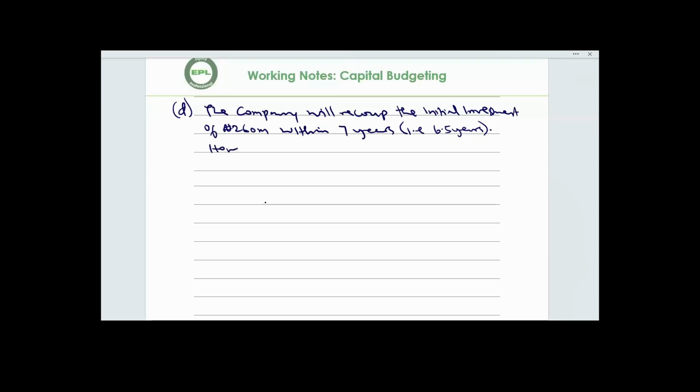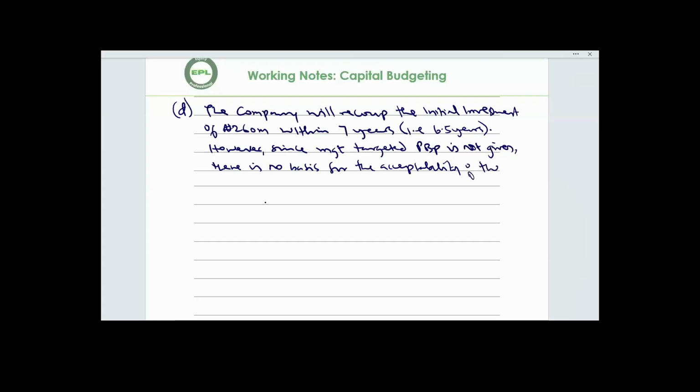However, since management targeted payback period is not given, there is no basis for the acceptability of the projects. That's it. That's all you need to say.